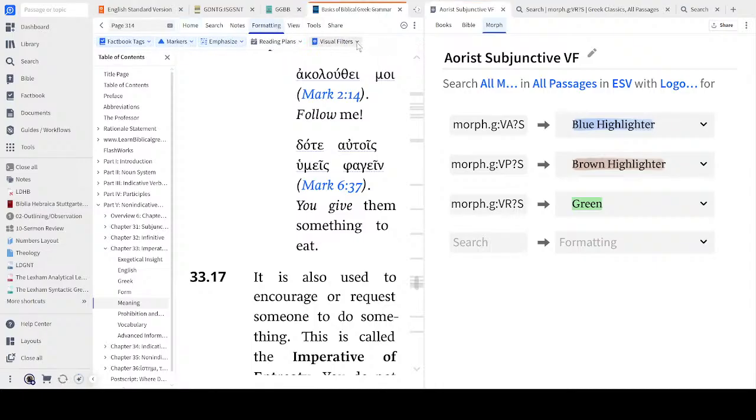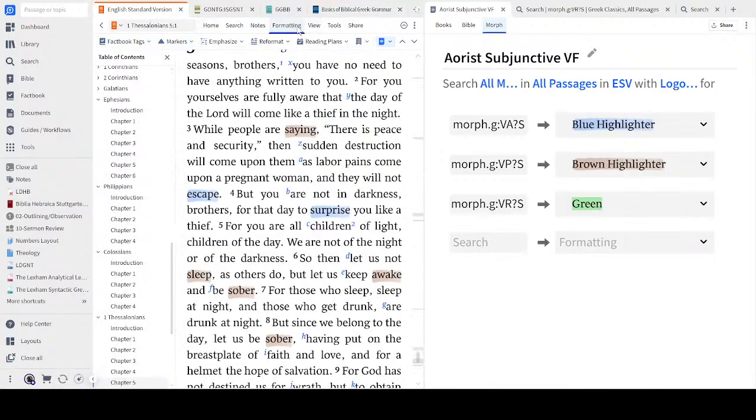Yes. So now we're going to do the imperative. I don't know why it's doing this. Now I know why. It's only going to show up on the Bible. So we're going to make a new visual filter.